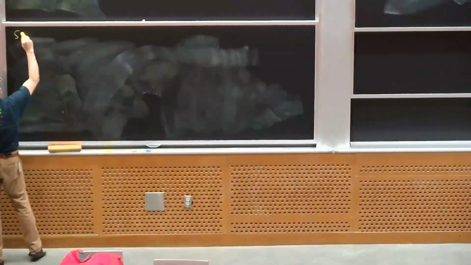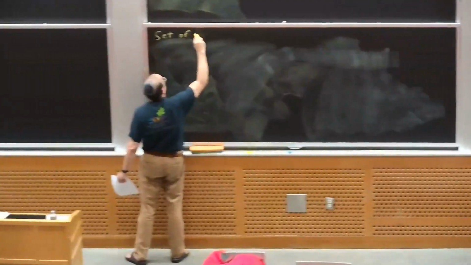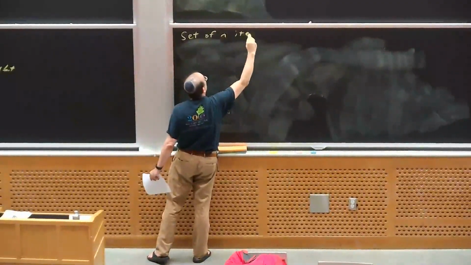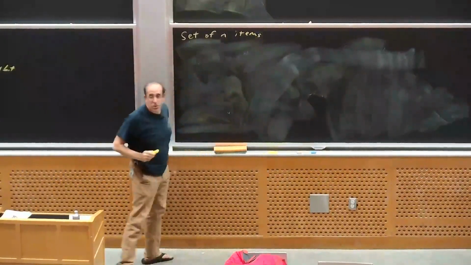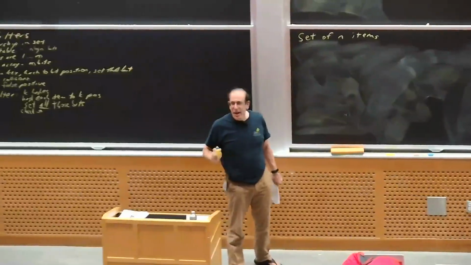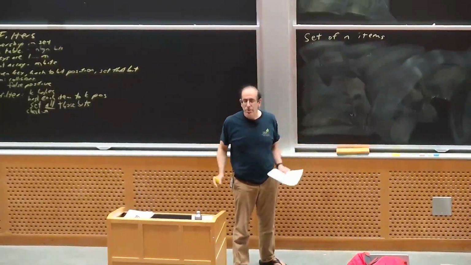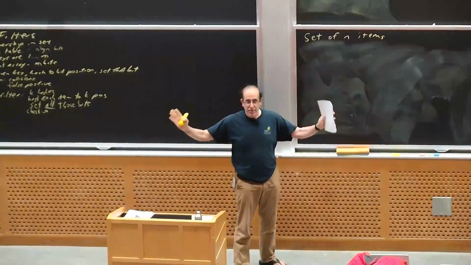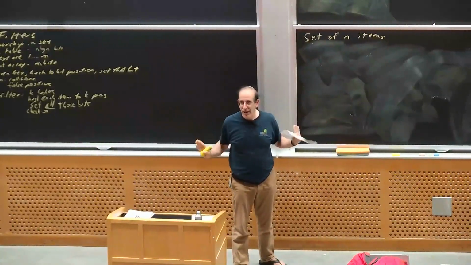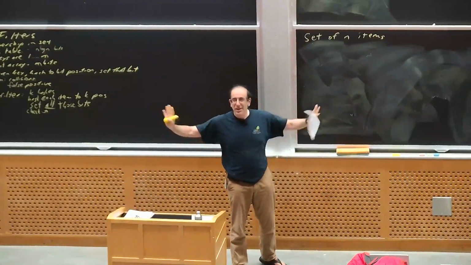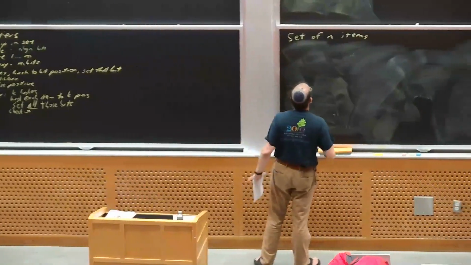So now let's do some math. We have a set of n items that we want to store in a Bloom filter. And I'm going to focus on the static case, or at least the insert-only case, where we just want to put the items in. We're not going to think about deletion. Regular Bloom filters can't handle deletion, okay, although there are variants.